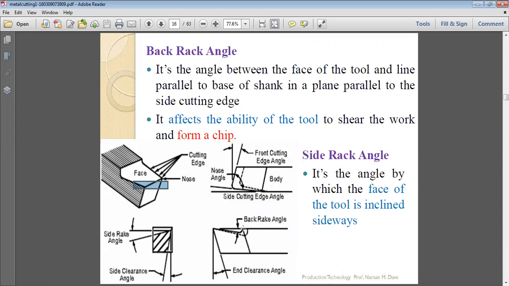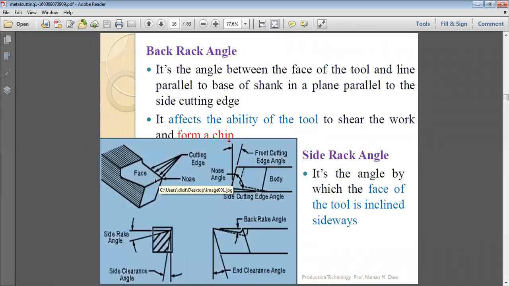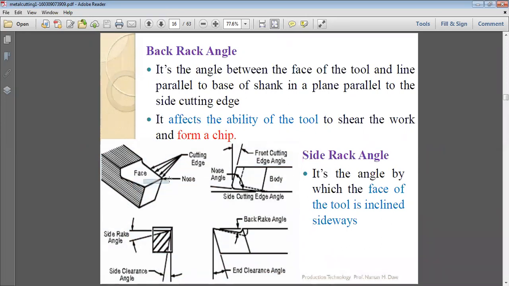In the front view, this is the back rake angle, and if we see from this side, up to this angle, that will be the side rake angle.